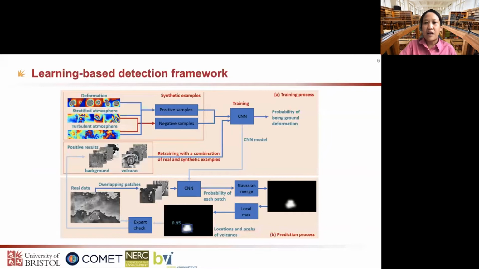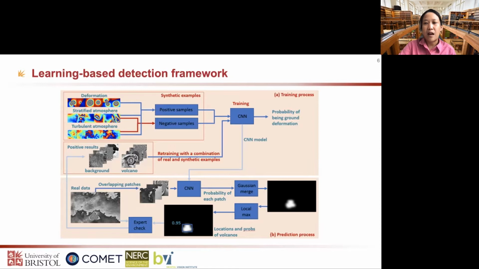And this is the diagram of the deformation detection. The top part is the training process, where we use synthetic examples to train the classifier. We define this problem as binary classification. In the training dataset, the positive samples are images that contain deformation signals combined with stratified and turbulent atmosphere.